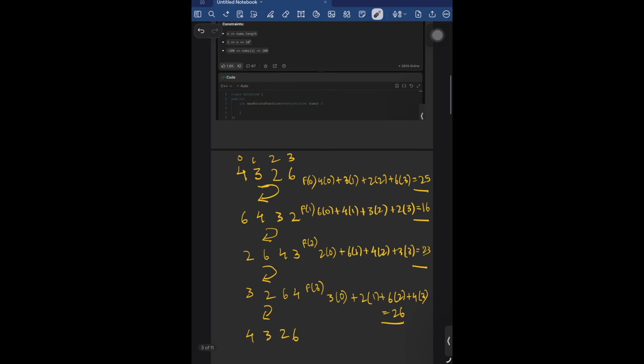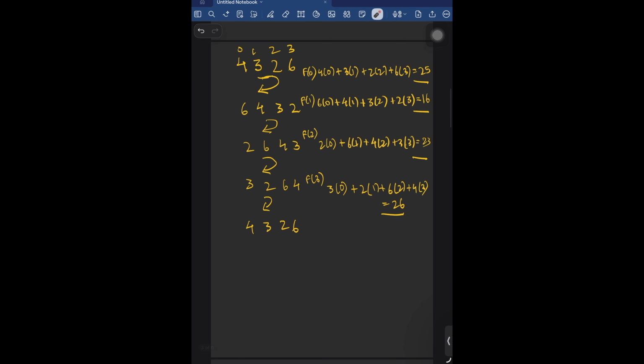Now the question is that if we try to simulate this, we can first see what is the array, we can calculate the function, we get the value, then we rotate it once in clockwise direction, and then we find the value of f, and then we see if it is maximum or not, and do it till n times.